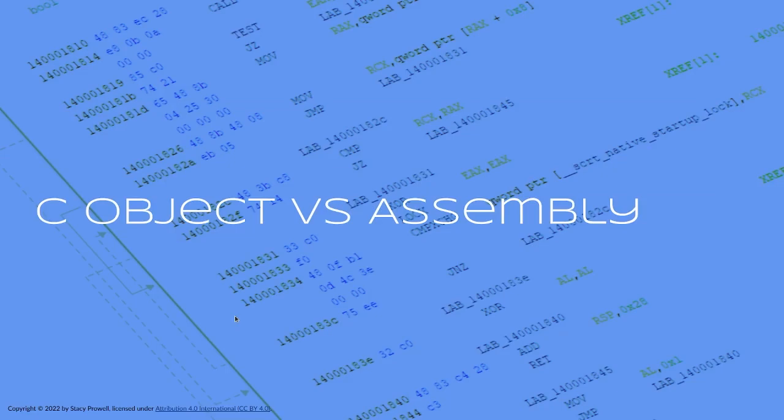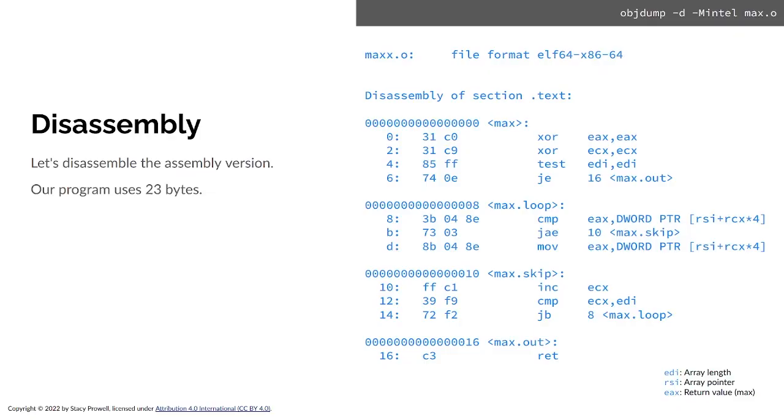All right, let's talk about C objects versus assembly. So let's disassemble our code, and what we'll get back is what you see over here on the right-hand side. Our program uses 23 bytes, right? We start at 0, and we go up to address 16. That's 16 plus 6, which is 22. And since we started at 0, it's really 23 bytes long.